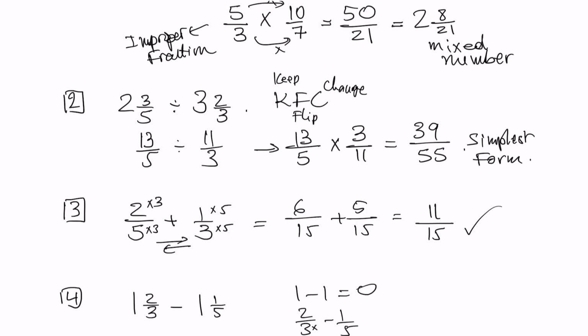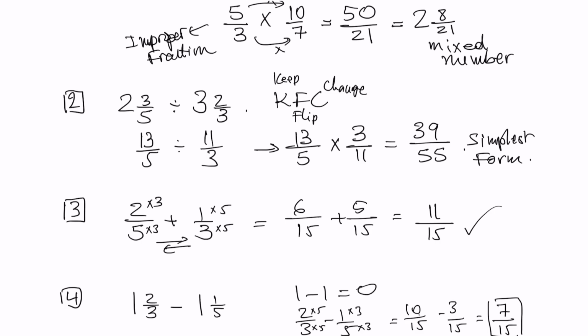And then you have to get the same denominator. 3 times 5, 2 times 5. Then go to 5 and multiply by the other denominator, times 3. So this will be 10 over 15 minus 3 over 15. Denominators stay the same. Remember, the denominators will always stay the same. And then you can only subtract the numerators. 10 take away 3 is 7. So the final answer is 7 over 15.